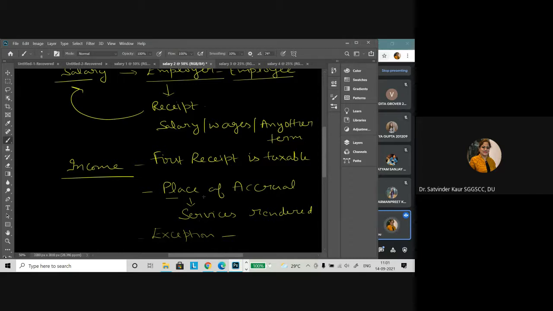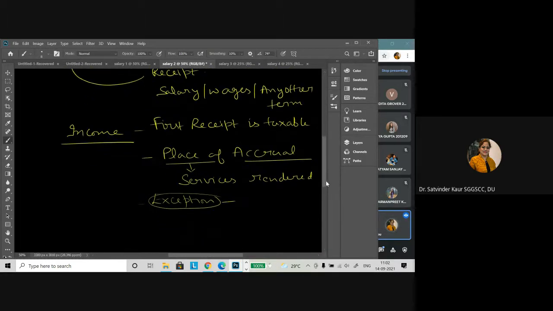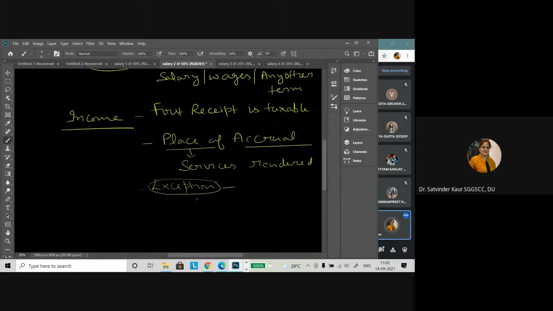So with respect to the place of accrual, that point becomes an exception. And also, we have discussed that the allowances or perquisites received by these people are going to be exempt. So, these 2 points we have to remember.